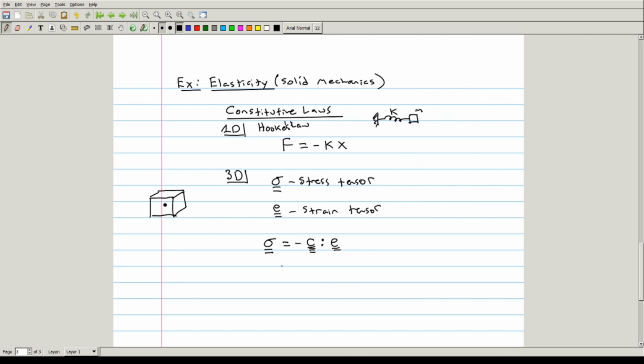This is saying that the rank 2 stress tensor for a given elastic body is going to be negative this fourth order tensor and some very special multiplication with the strain tensor. It's almost a direct generalization of Hooke's law in 1D, but instead of scalar valued functions, we now have tensor functions that obey the law itself.